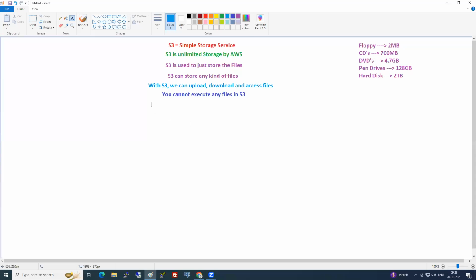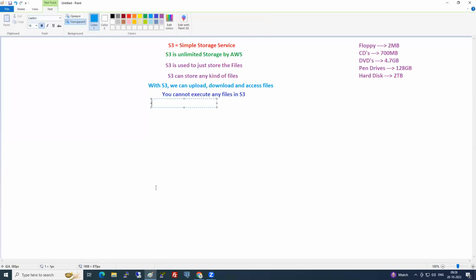Is it possible to install anything in S3? Is it possible to install an OS in S3? Answer is no. Is it possible to install a DB in S3? Answer is no. Is it possible to run or execute any files in S3? Answer is no.